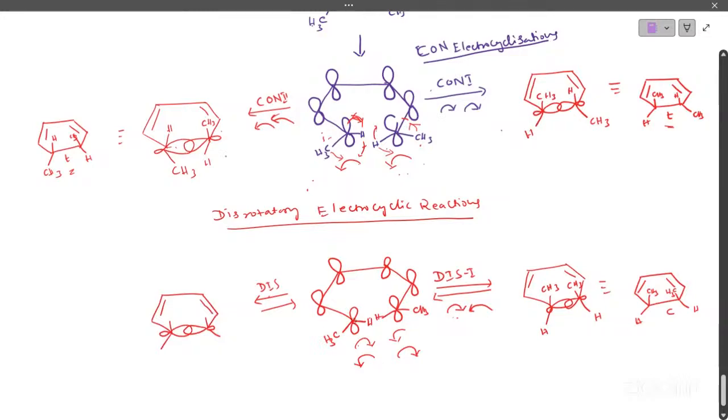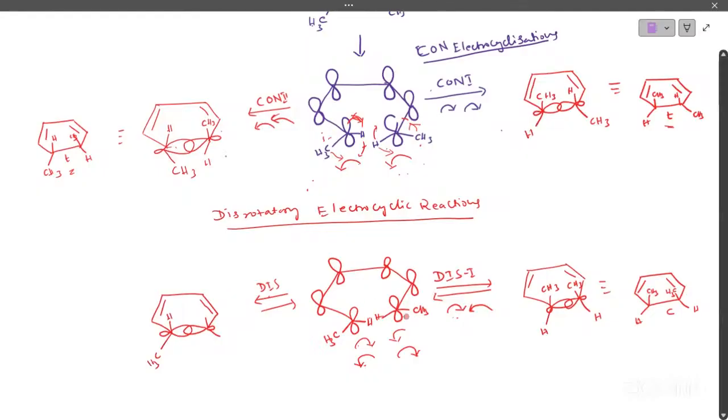Look at here. At the first carbon, it is rotating anti-clockwise. Therefore, the rotation orientation is anti-clockwise. During the rotation, the inside group, hydrogen, is moving up. The outside group, methyl group, is moving down. Therefore, hydrogen is occupying this position. Methyl group is occupying this position.